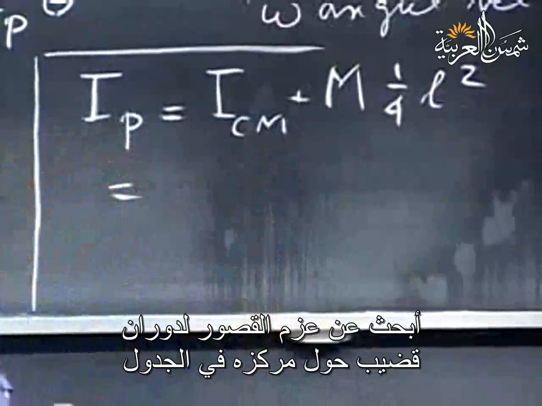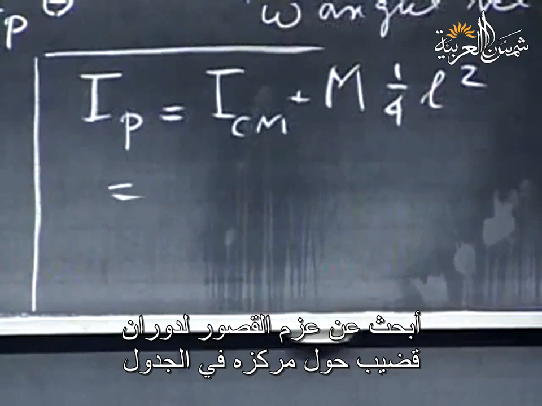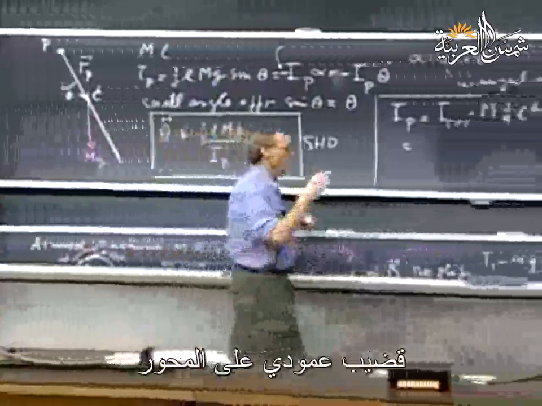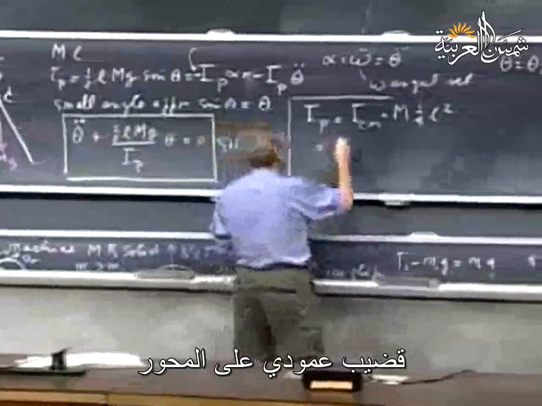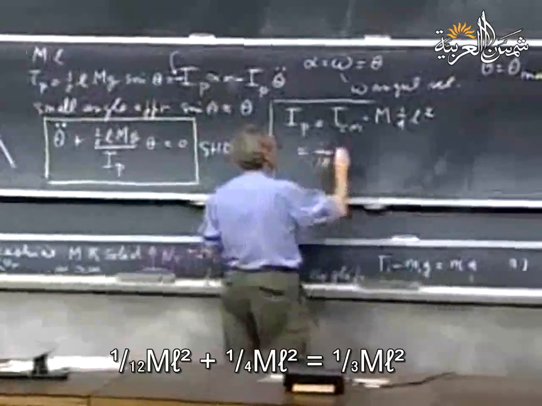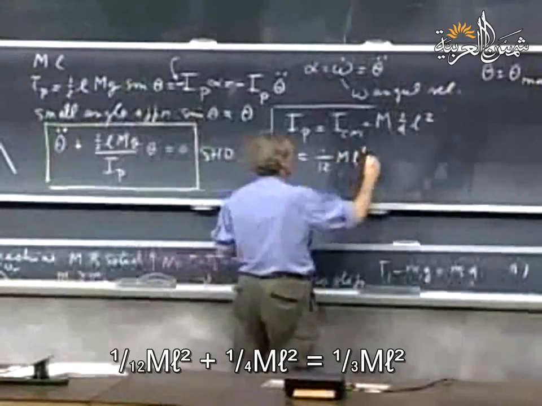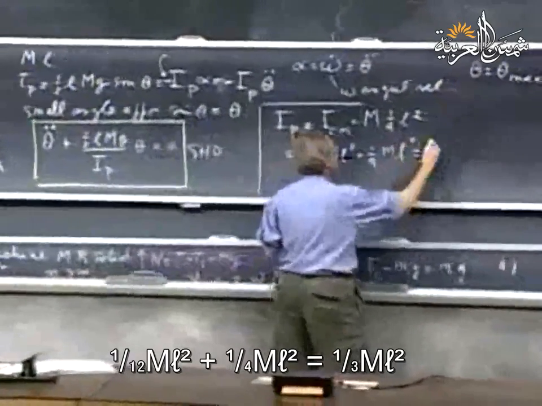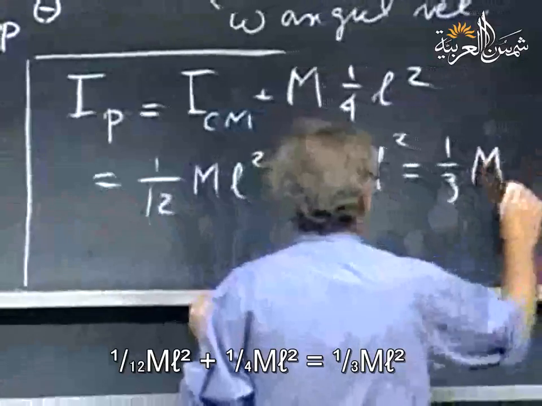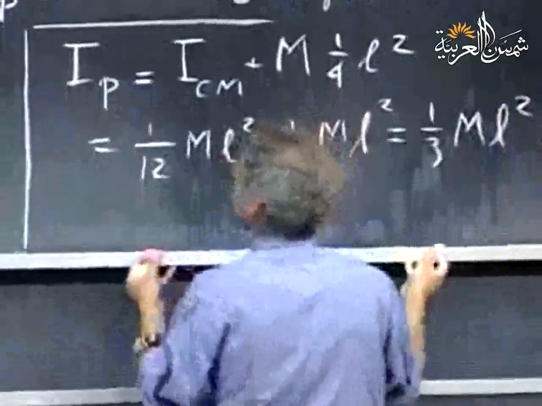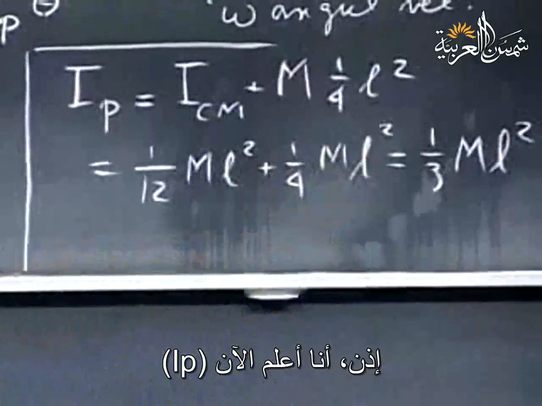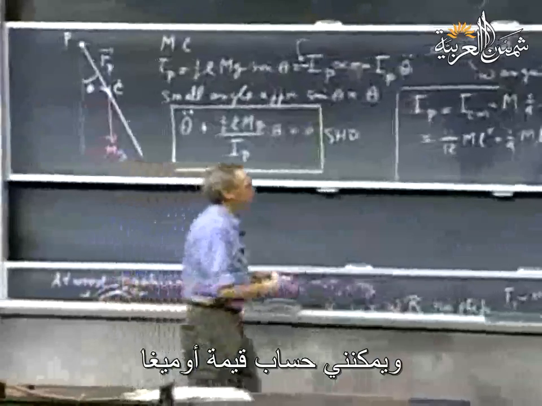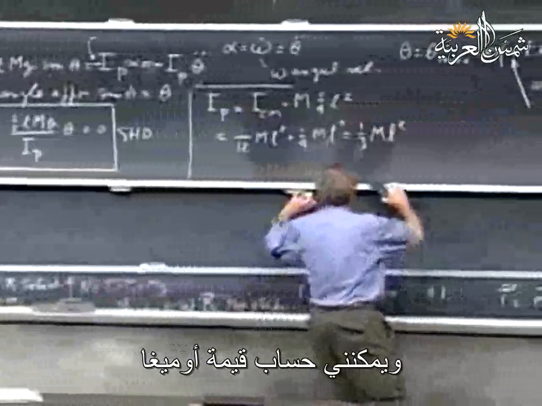I look up in a table what the moment of inertia is for rotation of a rod about its center, where the axis is perpendicular to the rod, and that is 1/12 mL squared plus 1/4 mL squared gives me 1/3 mL squared.